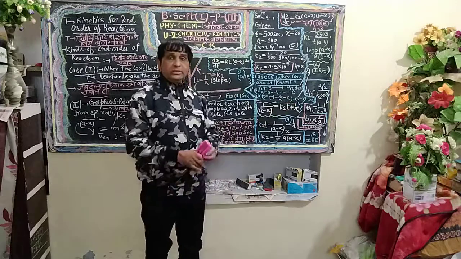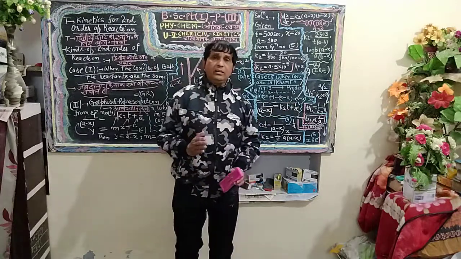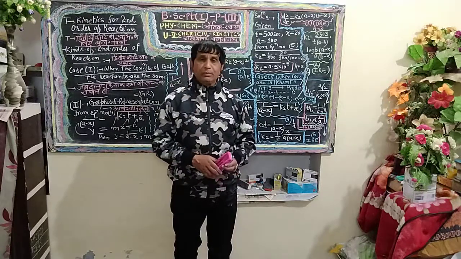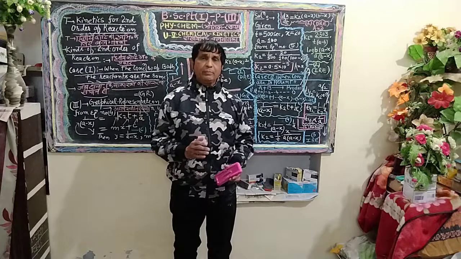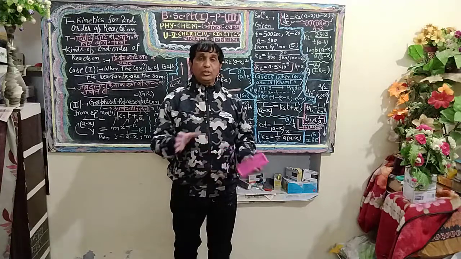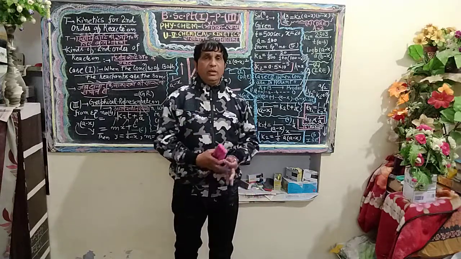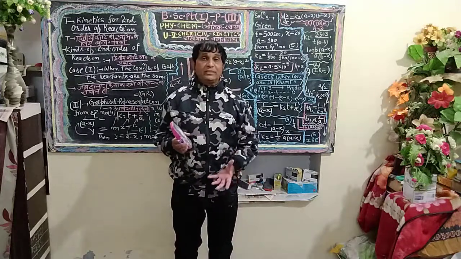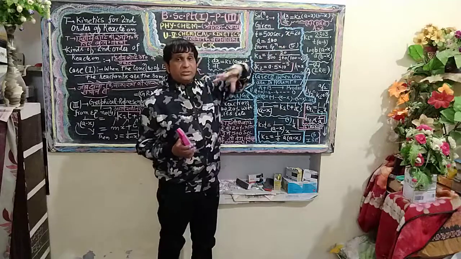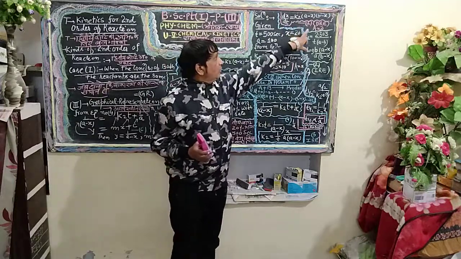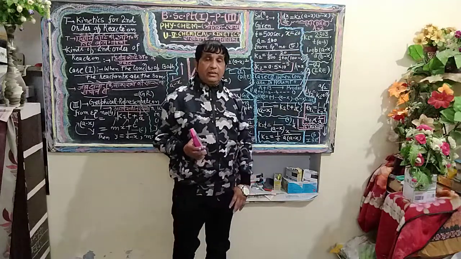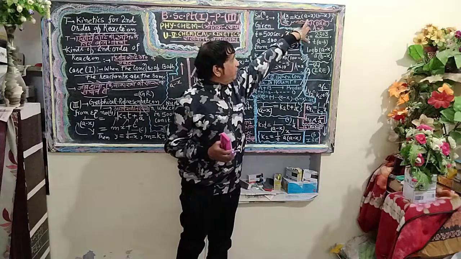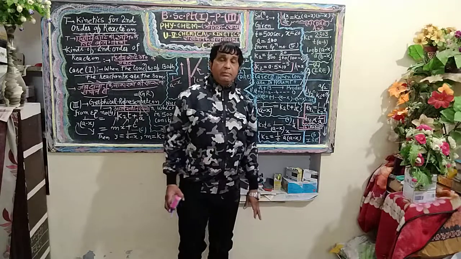Now, using the similar method we used in our previous derivations for zero order and first order, and applying the law of mass action, we derive the differential rate equation: dx upon dt is equal to k2 into (a minus x) into (b minus x).